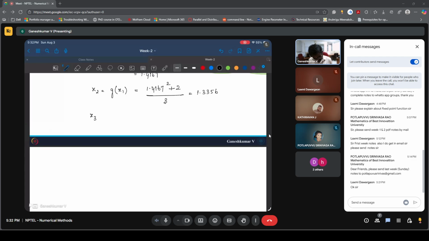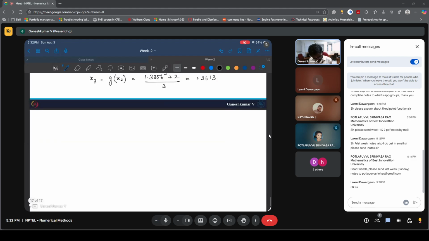Now x3 is g of x2, which is 1.3356 square plus 2 by 3, which gives 1.2613. That is x4. I don't know when I will stop this.